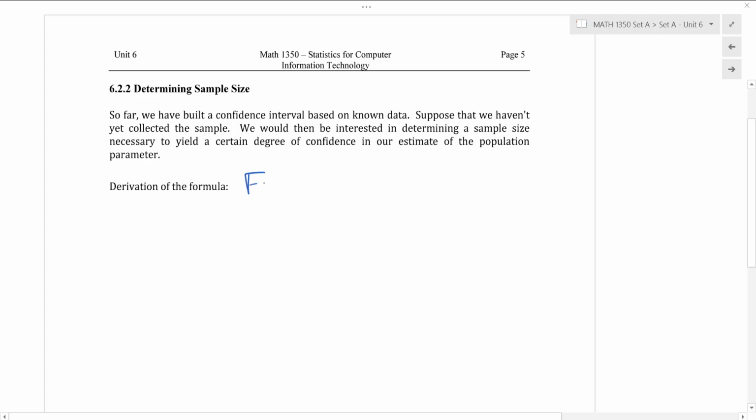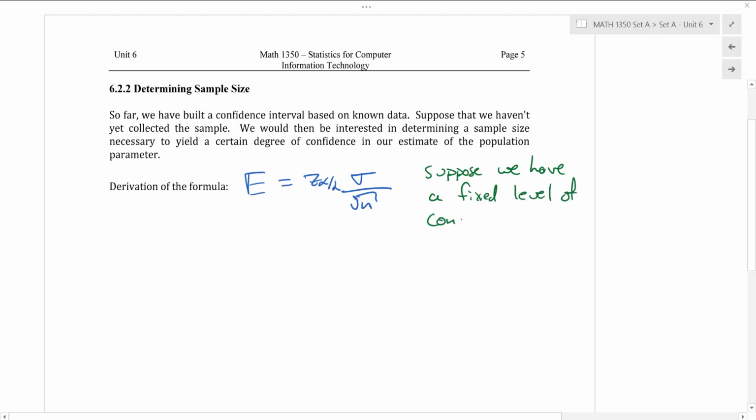So let's start with our familiar formula for the standard error E. But let's suppose the problem is a little different. Suppose we have a fixed level of confidence. We normally have that. That's 1 minus alpha.